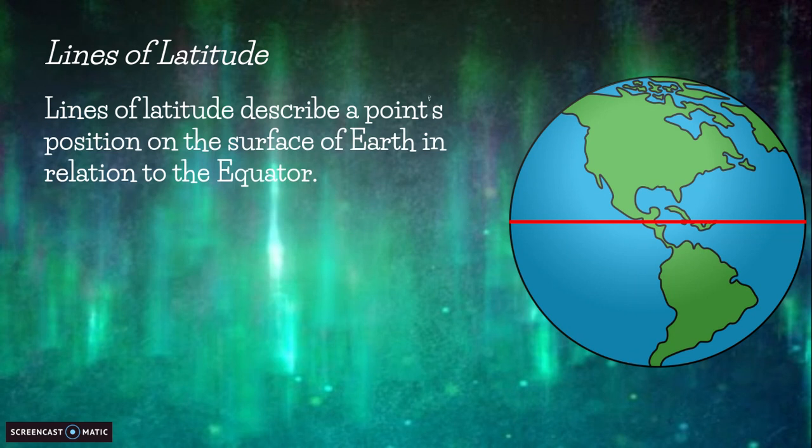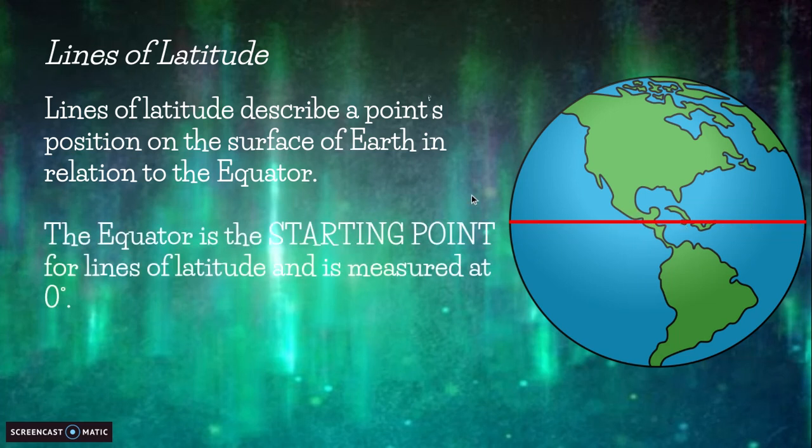Lines of latitude describe a point's position on the surface of Earth in relation to the equator. And on Earth, I have put a red line where the equator is. The equator is the starting point for lines of latitude and is measured at 0 degrees. So the equator is 0 degrees.